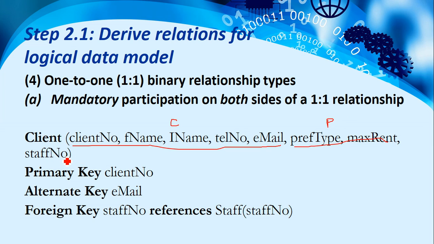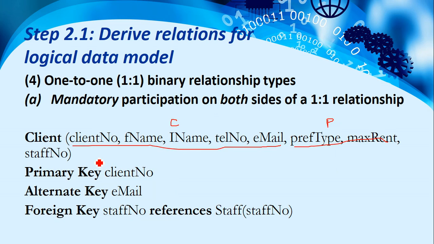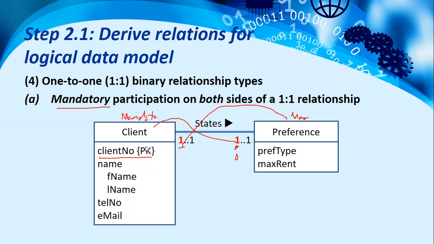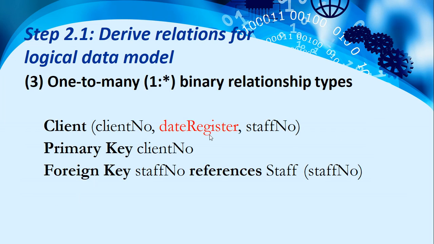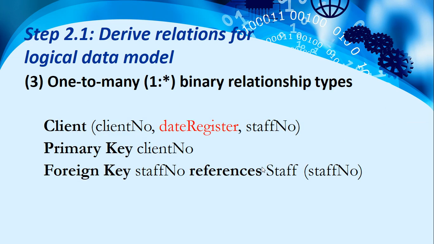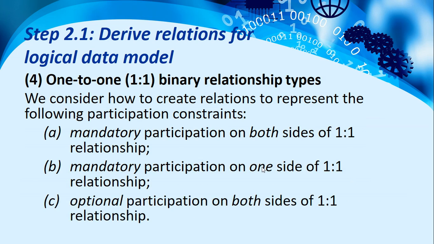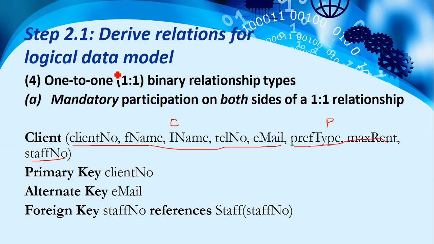And where is the staff number? Oh, sorry. Oh, yeah. That's why there is a staff number here, because of the previous example. Let's say you finished with the staff. Where is that? This, there. That's where the staff number came from. So it only means that in this example, we were already able to derive relations between the staff and the client.